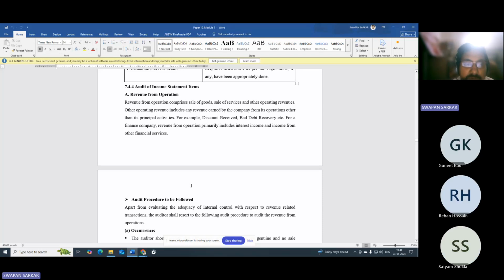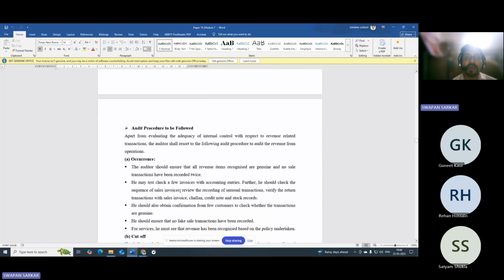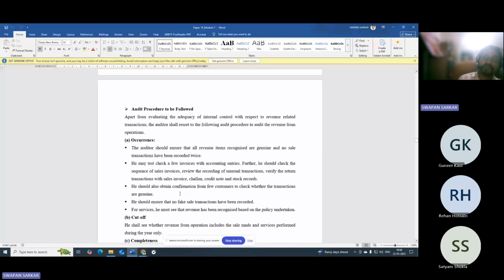Audit procedure to be followed for revenue from operation. Apart from evaluating the adequacy of internal control with respect to revenue related transactions, the auditor shall resort to the following audit procedures. Occurrence: the auditor should ensure that all revenue items recognized are genuine and no sale transactions have been recorded twice.